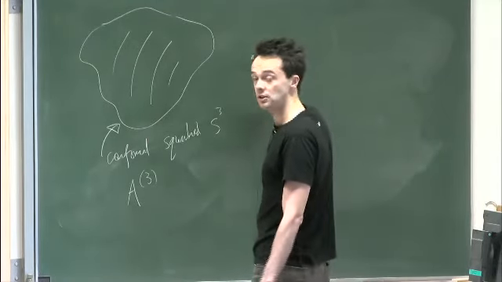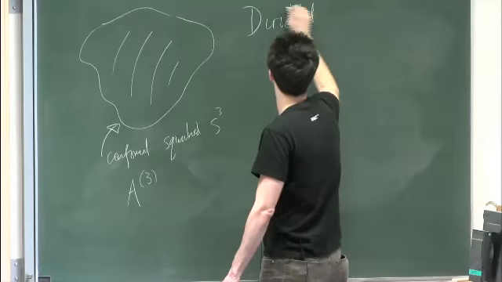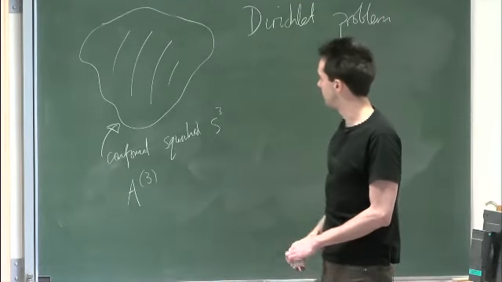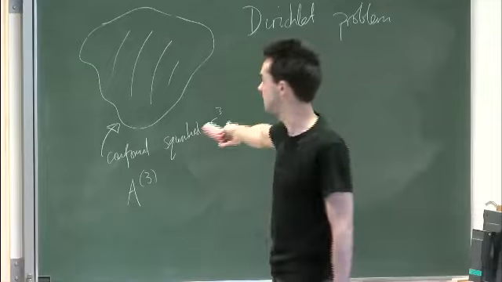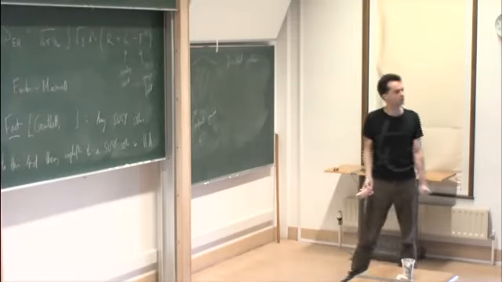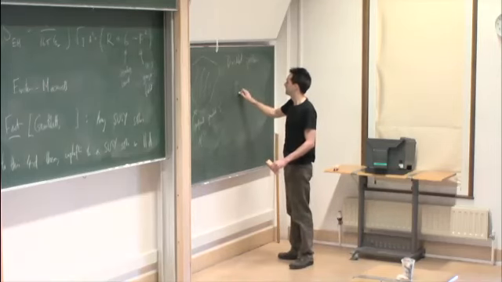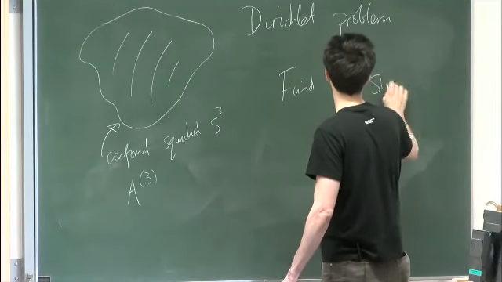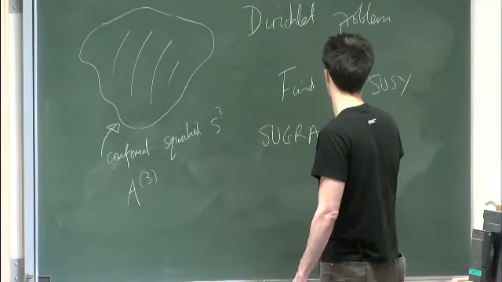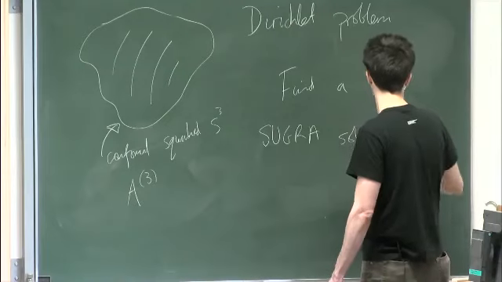So it's really like a Dirichlet problem, where I have some fixed data at infinity, conformal data, and I want to find a supersymmetric supergravity solution that fills that conformal boundary with the choice of gauge field. So I need to find a supersymmetric supergravity solution with this boundary data.